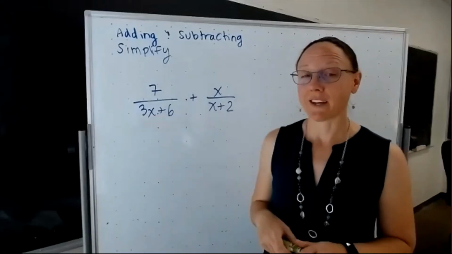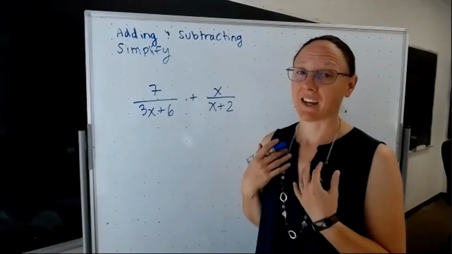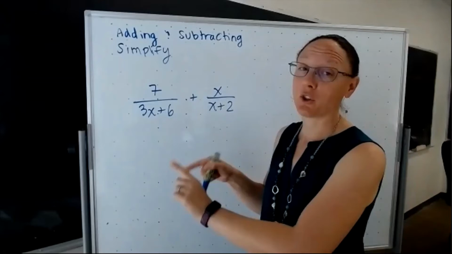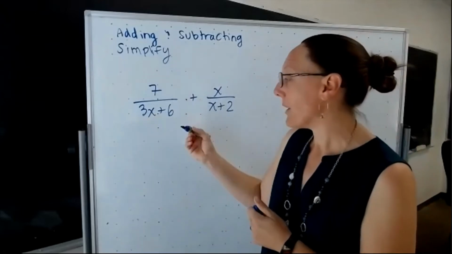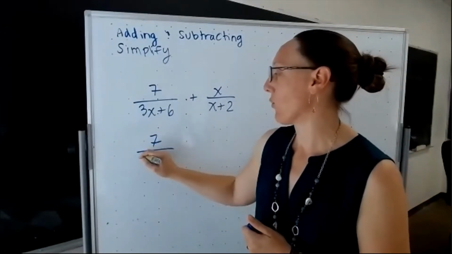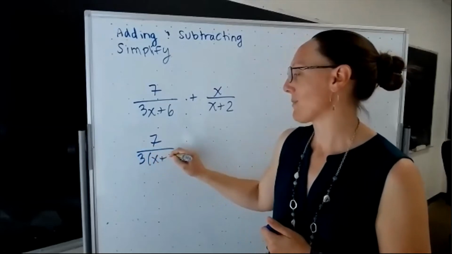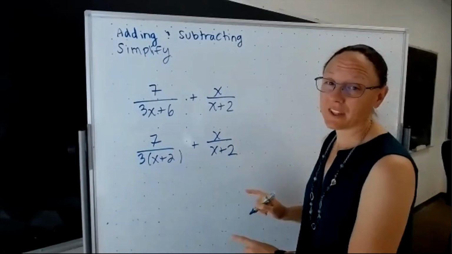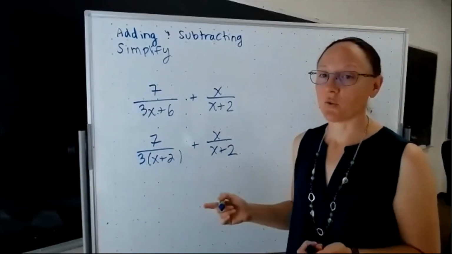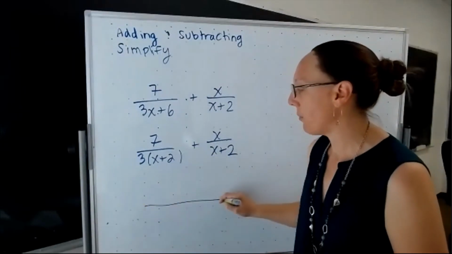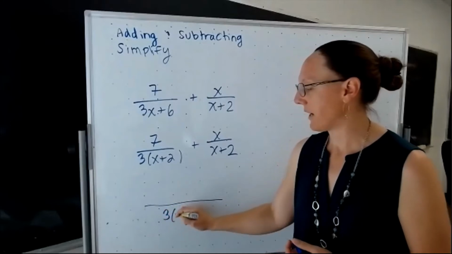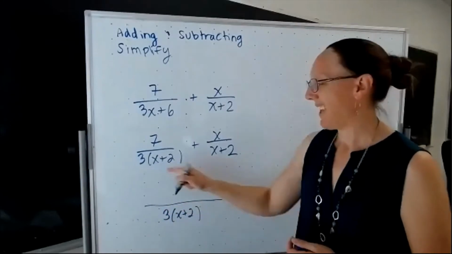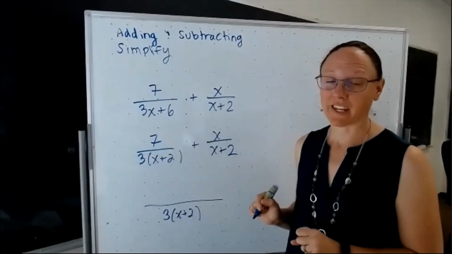So when I look at that 3x plus 6, I can see that 3 and 6 have a 3 in common, and I could rewrite that to say 7 over 3 times x plus 2. By doing that, I can see that between these 2 fractions, a common denominator would be 3 times x plus 2. This piece already has everything I need.